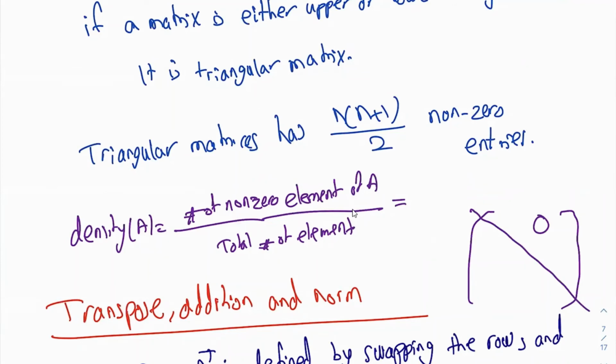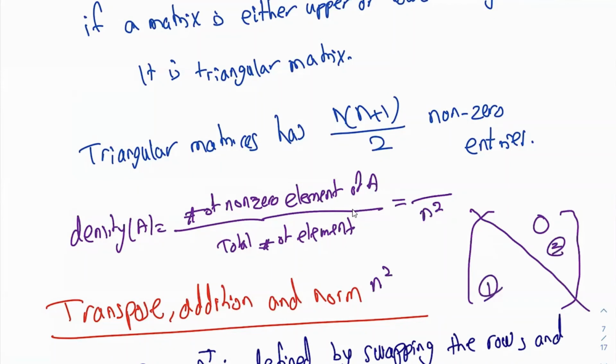We know that lower or upper triangular matrices are square. So we have n rows and n columns, and the total number of elements is n squared. But how many of them are 0? Easy to calculate. First, we need to see how many elements we have on the main diagonal. Let's call this one region 1 and this one region 2.